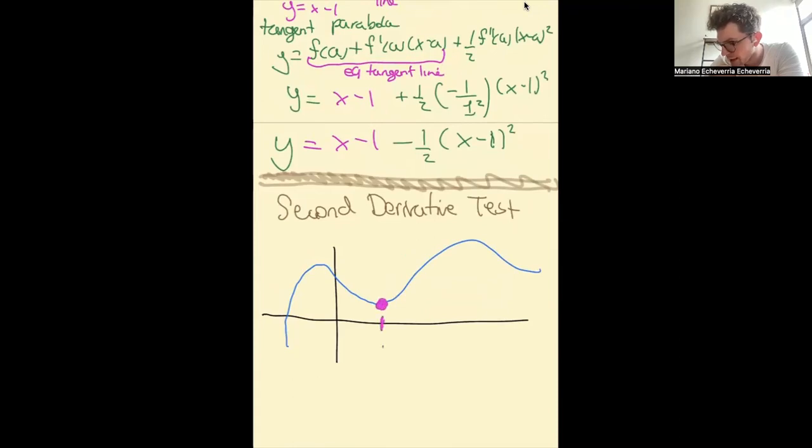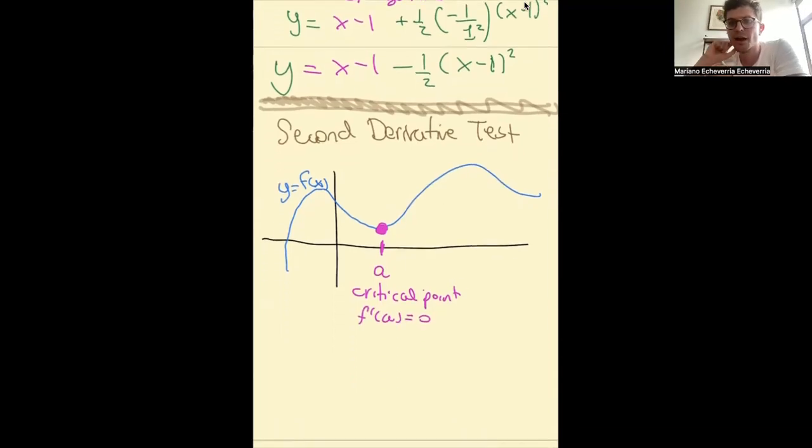Let me take that to be A. So A for now is going to be a critical point. What does it mean for A to be a critical point? It means that f prime of A equals 0.